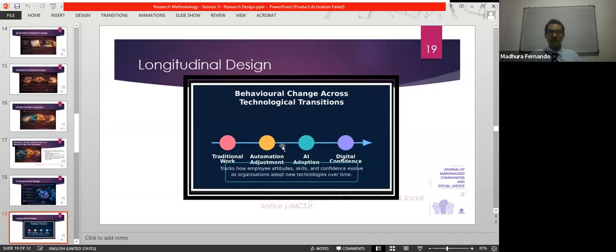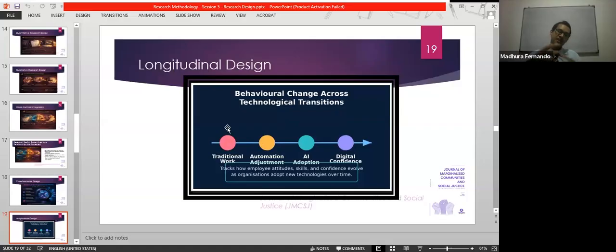Now, there are different stages around the timeline, so you use the same conceptual framework to measure these behavioral changes. Now you can compare because you are using the same conditions.